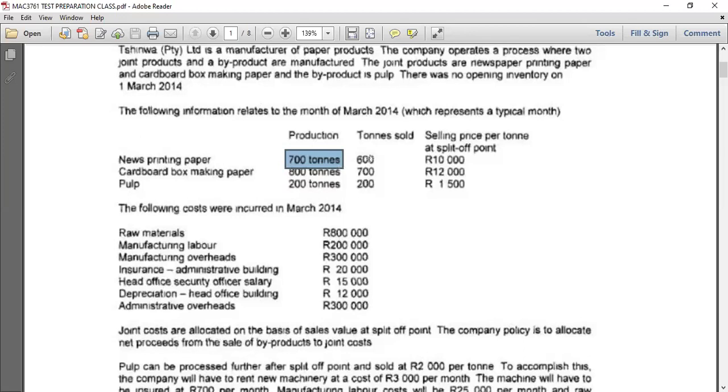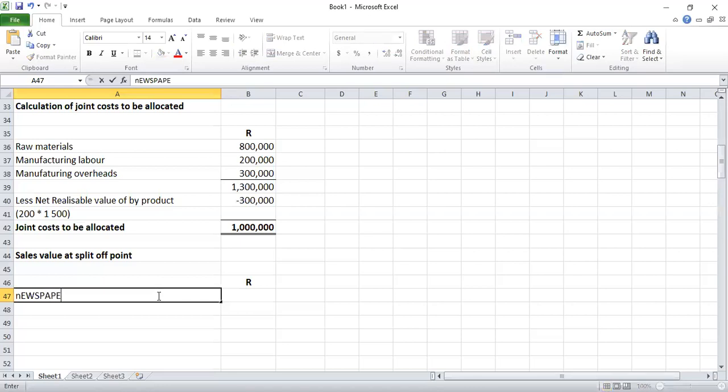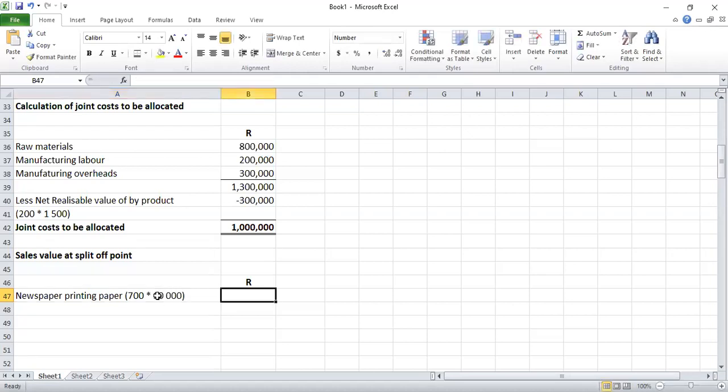So that means here, although they sold 600, when we're determining the sales value, we would use the 700 tons that were produced. So you get your sales value as the number of tons produced times the selling price. Newspaper printing paper: 700 times 10,000, I guess that would be 7 million.